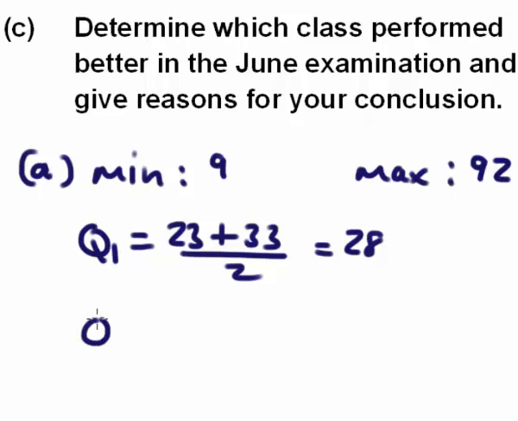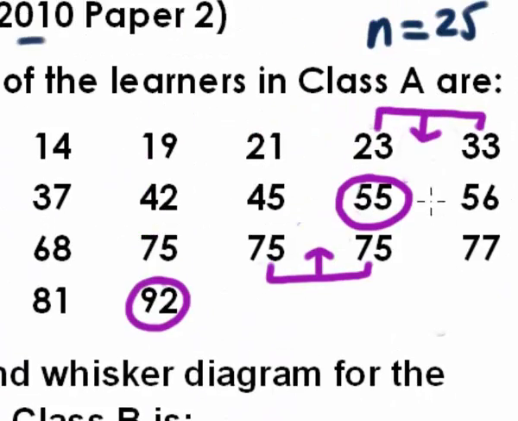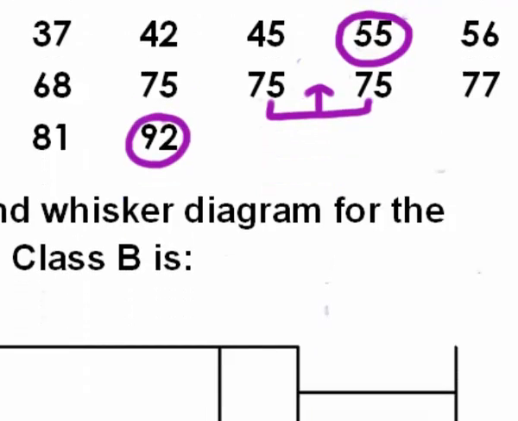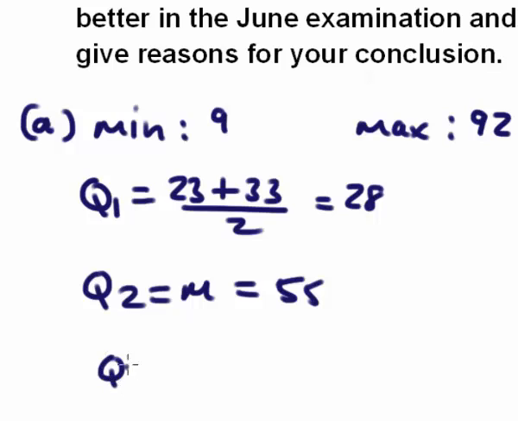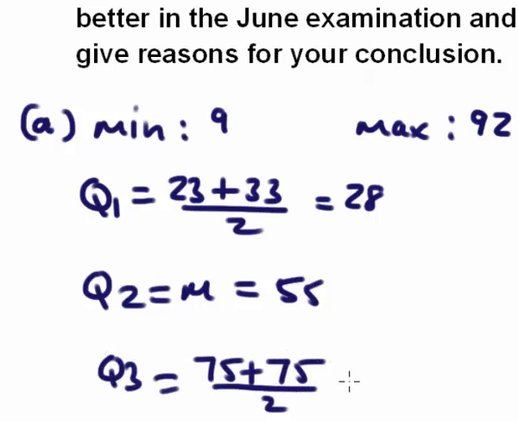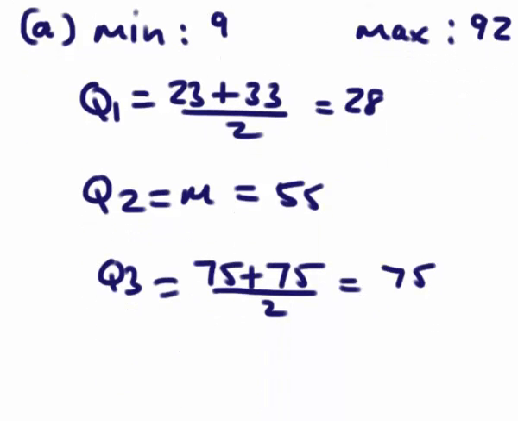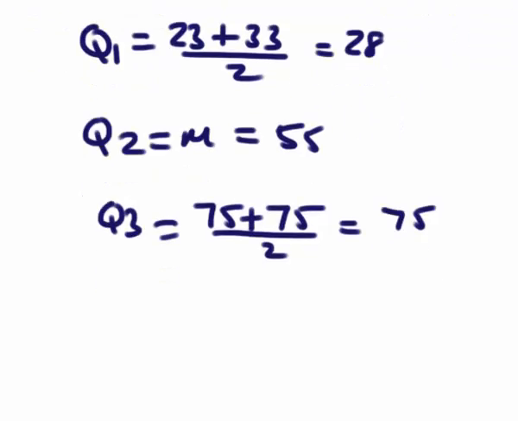Then what is your second quartile or your median? I think it was 55. That was already there. Great, we sorted the median. The upper quartile is the average between 75 and 75. There's no problem there. The upper quartile is 75 plus 75 divided by 2, which of course is 75. So there's our 5-number summary, which we can of course represent on a box and whisker.